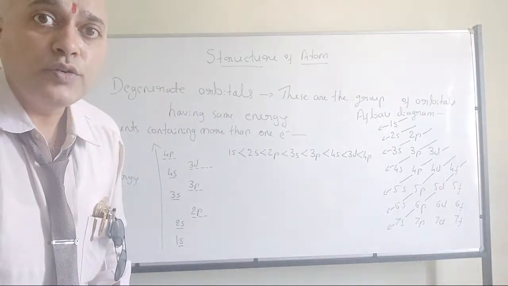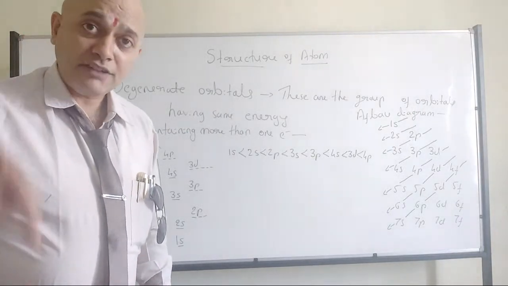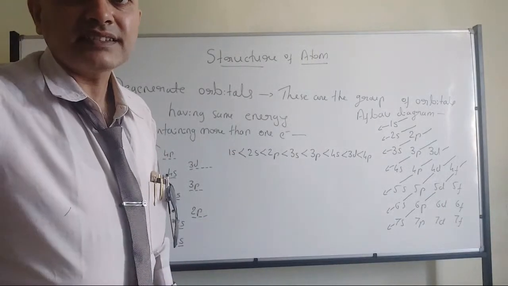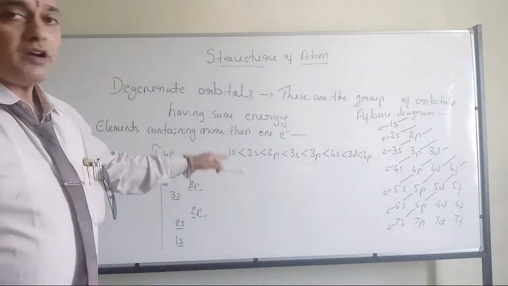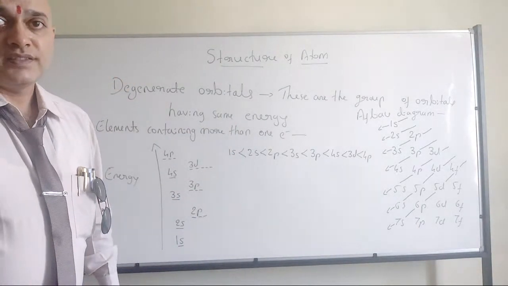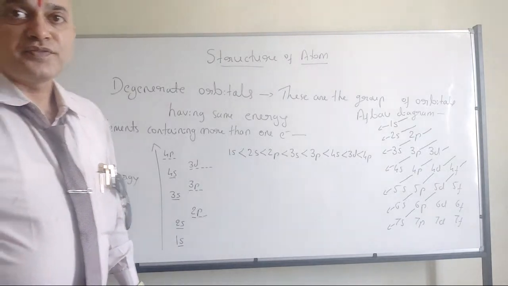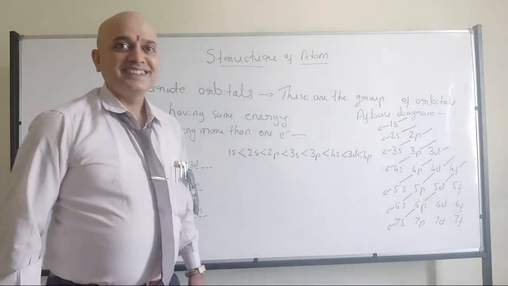So, no degenerate orbitals? No, I will tell you there will be presence of degenerate orbitals here also. According to me, there will be presence of degenerate orbitals here also. Anyone? Which can be those? No, Likita. There will be presence of degenerate orbitals.